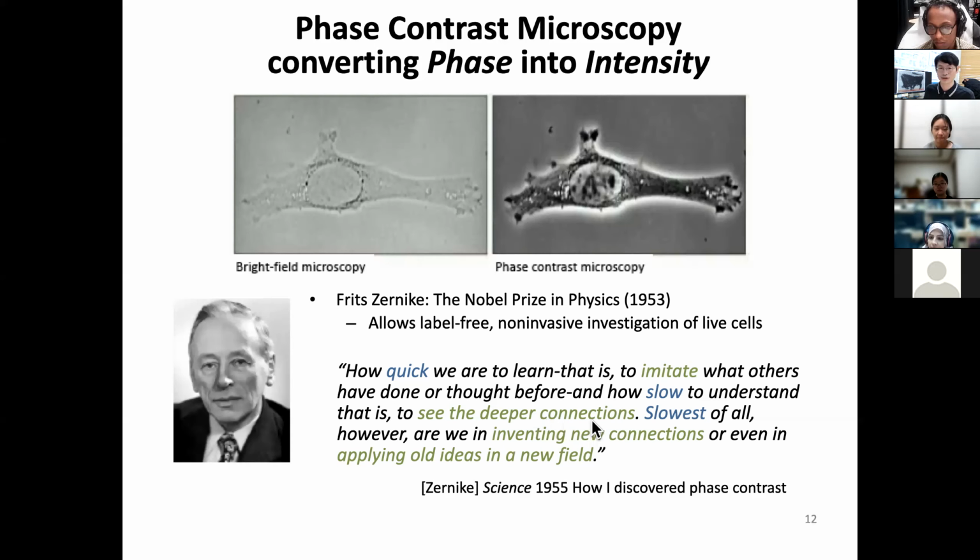That's something you should be trying to make all the time, or even applying old ideas to a new field. What that means is, it's a very old idea in one field, but when you are trying to solve a new problem, you can bring that concept here. That's slowest, but the most valuable and recognizable.